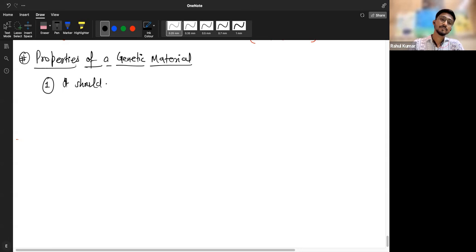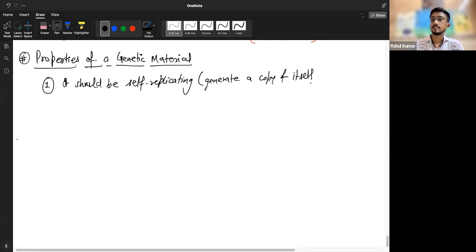It should be self-replicating, which means generate a copy of itself. This is how it will be able to continue existing from one generation to another. Am I correct?